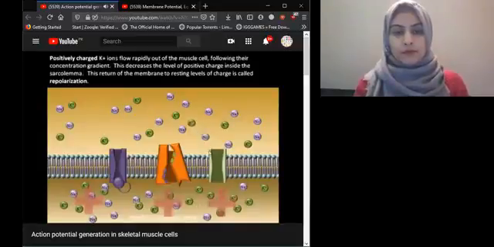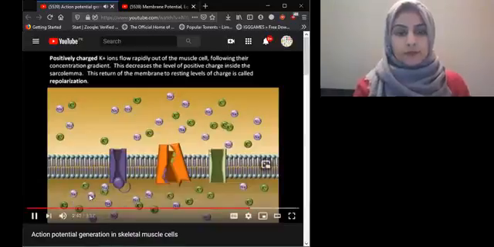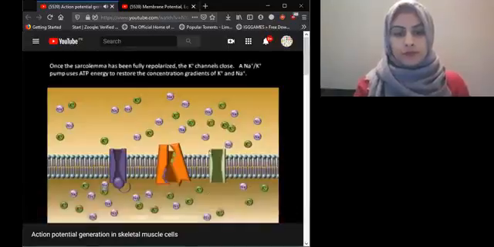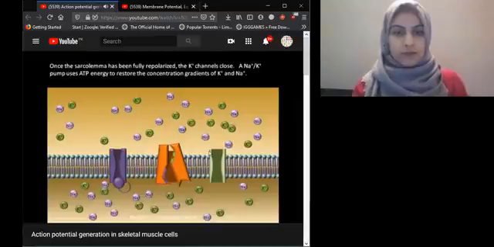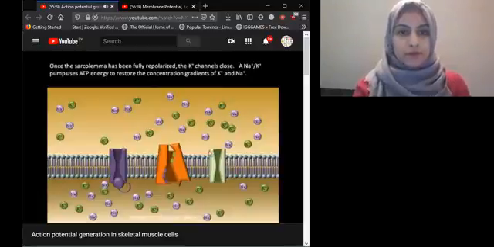This decreases the level of positive charge inside the sarcolemma. This return of the membrane to resting levels of charge is called repolarization. Once the sarcolemma has been fully repolarized, the potassium channels close. A sodium-potassium pump uses ATP energy to restore the concentration gradients of sodium and potassium to their normal levels.